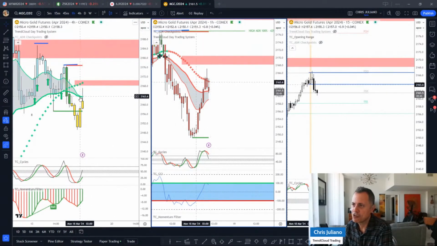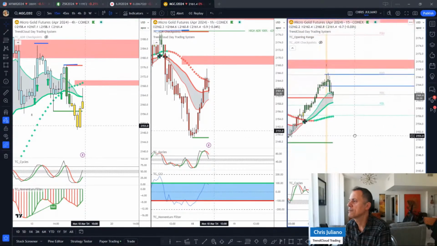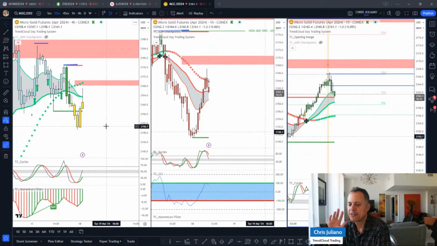It is really trying to cross over there. Transition candles, right? Your yellow candles getting ready to turn red. We've already got it over here, right? We're trying to line everything up.